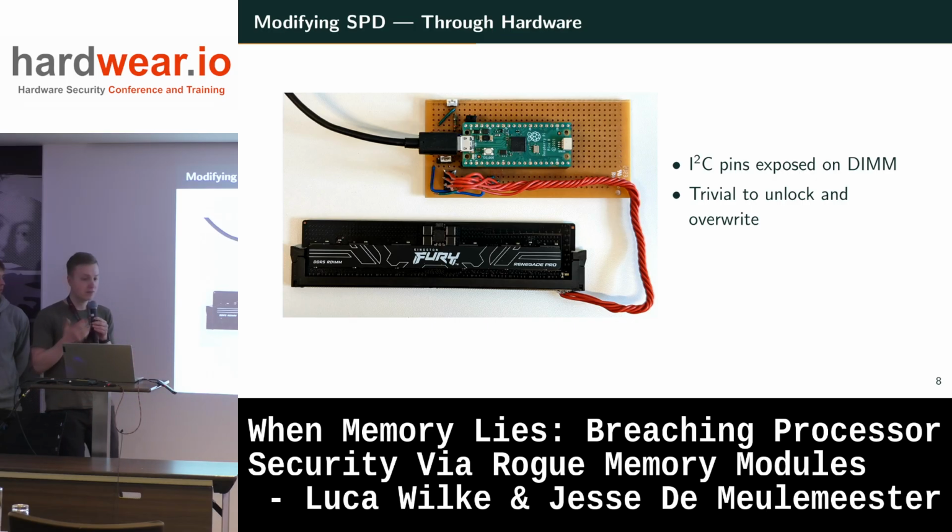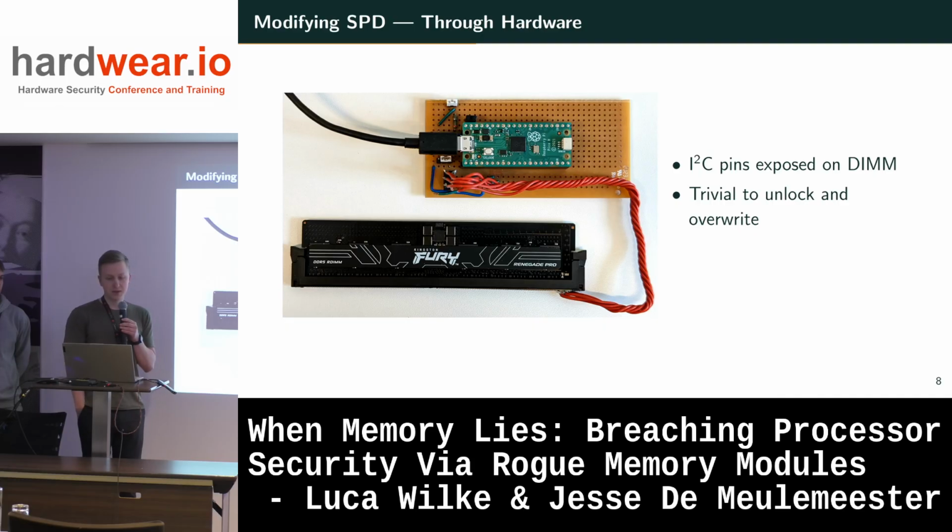And how can we do this manipulation? For this we explored two angles. The first one uses additional hardware. So we have this small interposer and a Raspberry Pi, and you plug in the memory module once, and then you can directly attach wires to this SPD chip. And the SPD chip only has a safety mechanism to prevent accidental override.